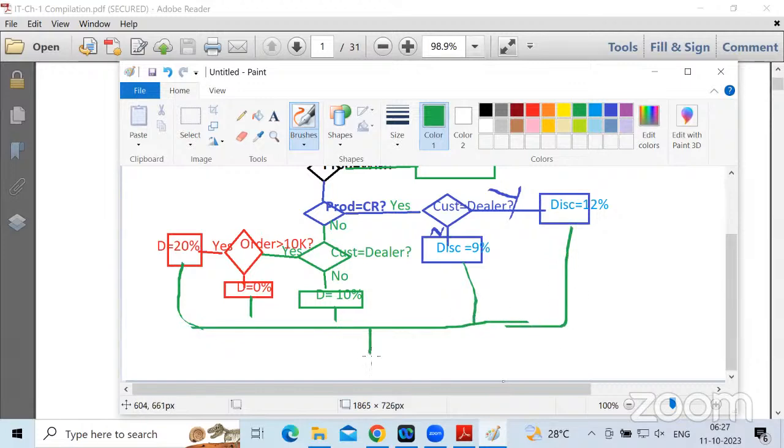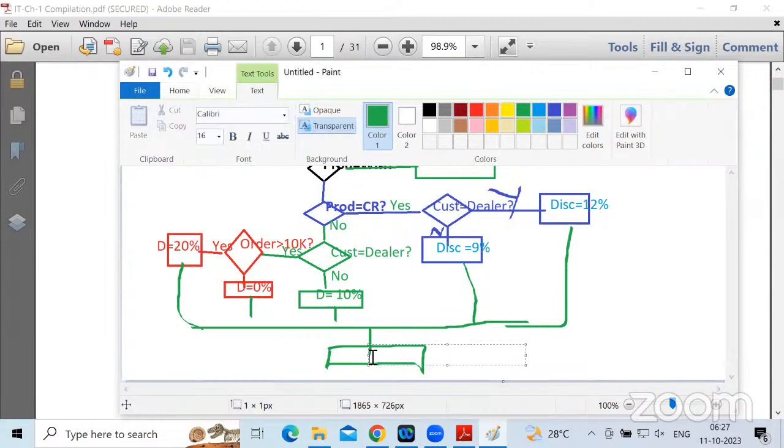Then you can either go for printing or you have to check whether it is the end of the operations. Otherwise, you have to do the next operation. So you can say print discount.